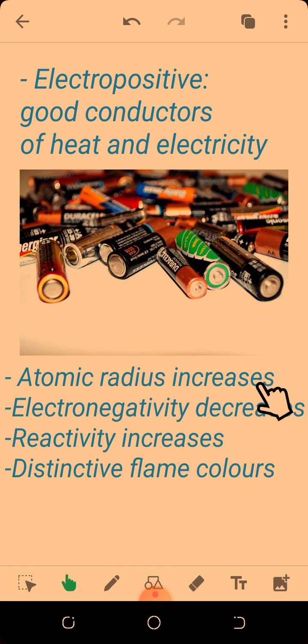Atomic radius increases for group 1 elements. Atomic radius, electronegativity, reactivity, these are parts of the periodic properties or periodic trends that we will talk about subsequently. Atomic radius means that the size of the elements increases as you go down the group.